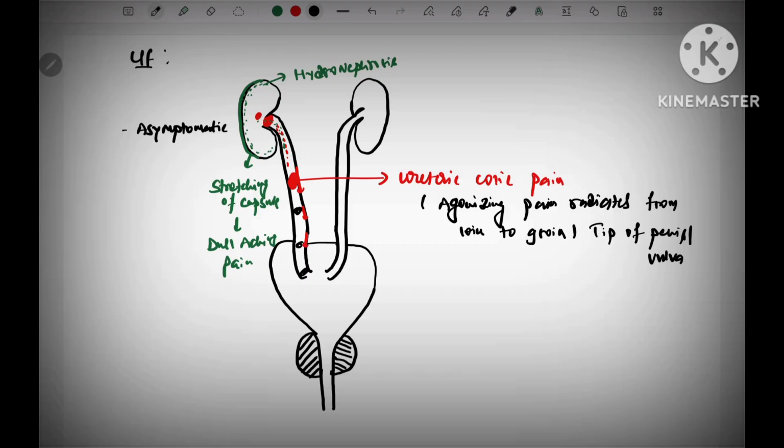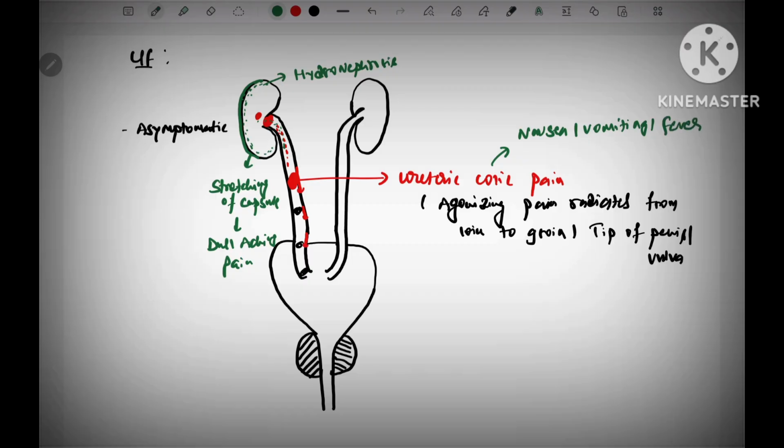And when the patient has this colic pain, due to the peristaltic movement the patient can also have nausea, vomiting. His temperature might also rise, so fever can occur.